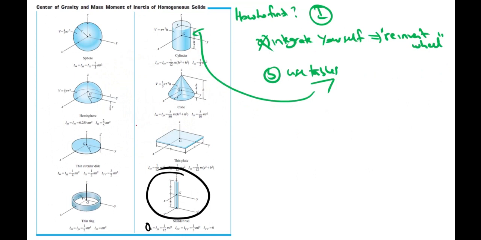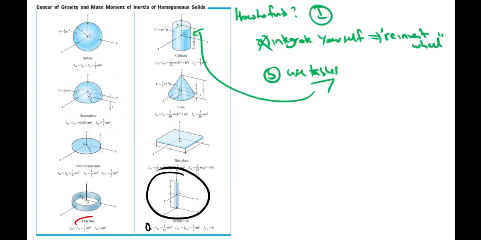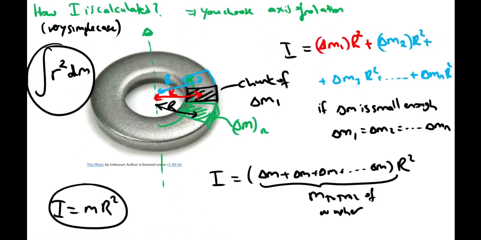And then when we come back to the table, we don't have the case for this one. We have only the case that is the thin ring, but that's not the thin ring.